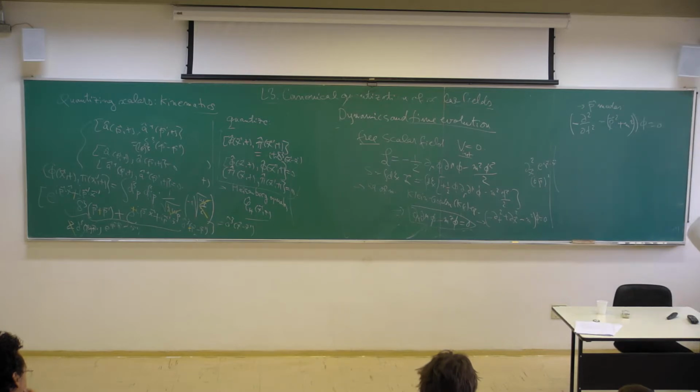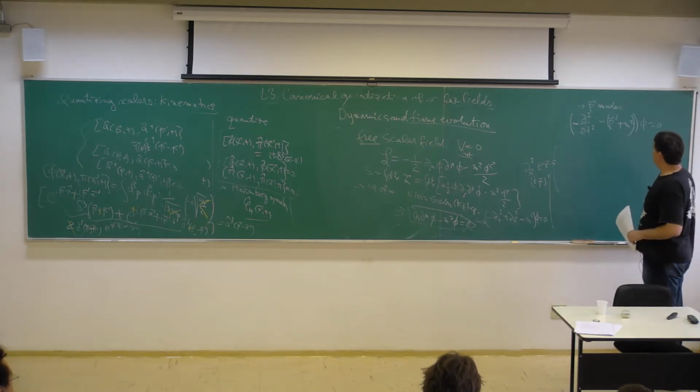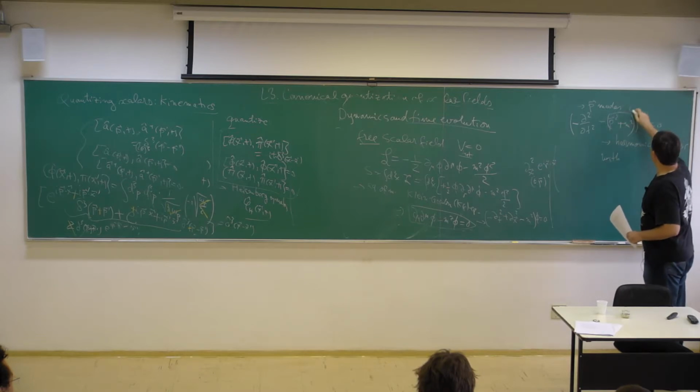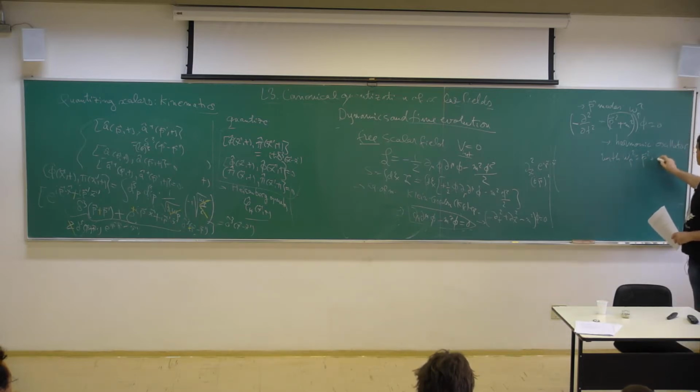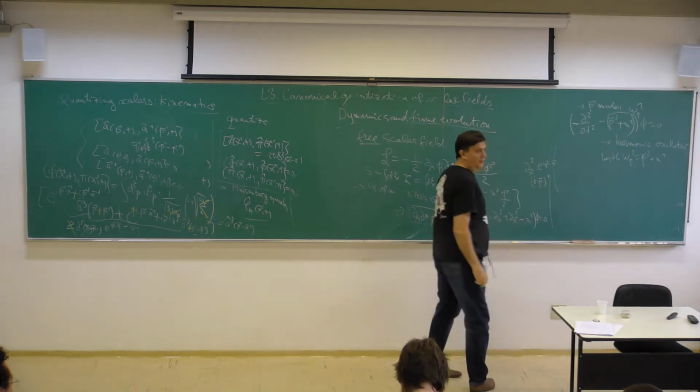And so the resulting equation of motion, as we see, is the same one as for a harmonic oscillator with an omega squared that's p squared plus m squared. Okay?